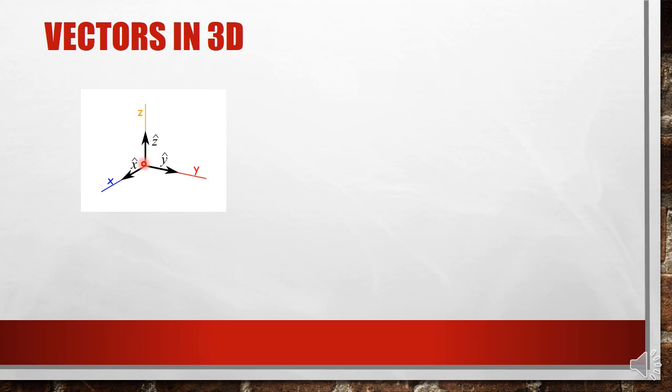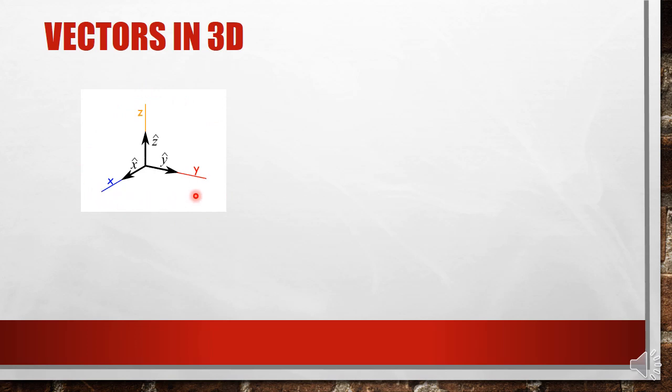So moving forward is x positive, backward x negative, to the right is y positive, to the left y negative, up z positive, down z negative. So this is the Cartesian coordinate system in 3 dimensions.